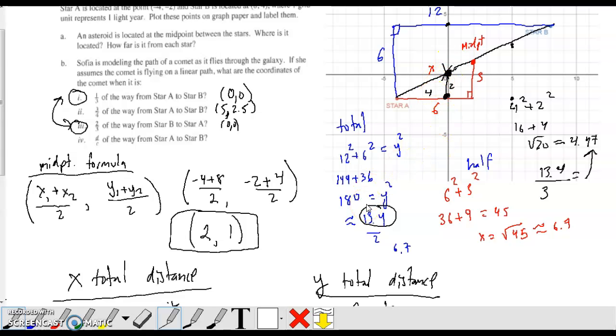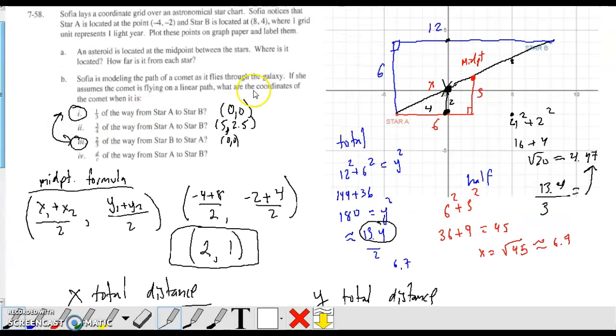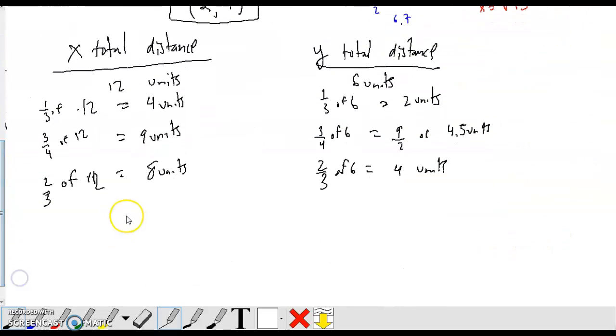Okay, so essentially, what are you doing? So D over C, we can kind of think about logically what we're doing. I keep multiplying 2/3 by 12, and then it's 8 units, and I'm either adding the 8 units to star A, or I'm subtracting it from star B. So if I'm doing it from star A, in order to find my x-coordinate, I'm starting with my x-coordinate, -4, okay?